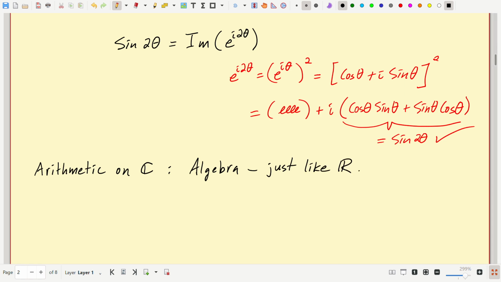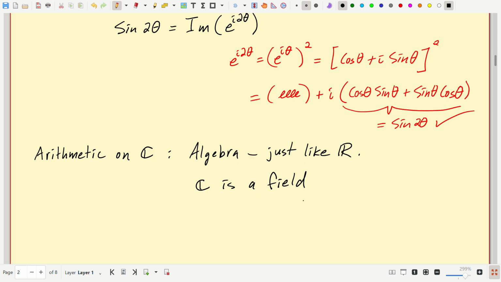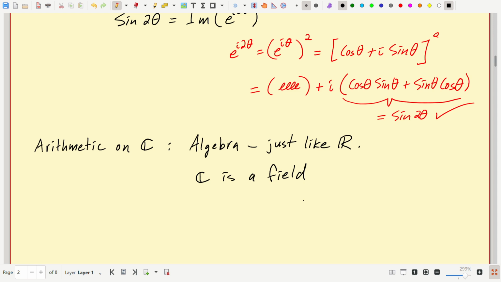Okay. So in particular, C is a field. All the axioms of a field hold. Associative, commutative rules, etc., distributive law, etc. Everything has an inverse.